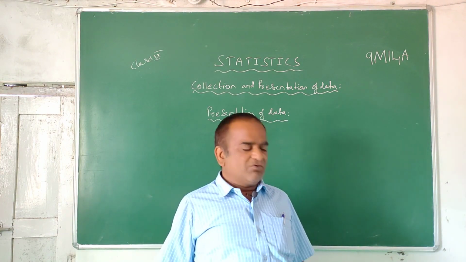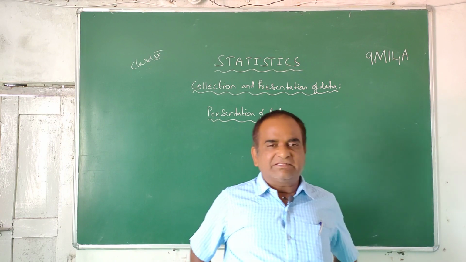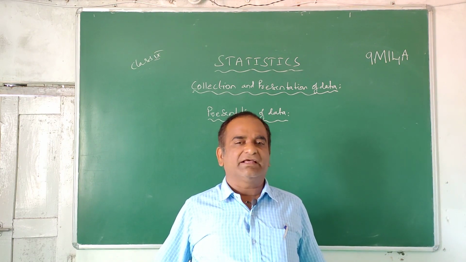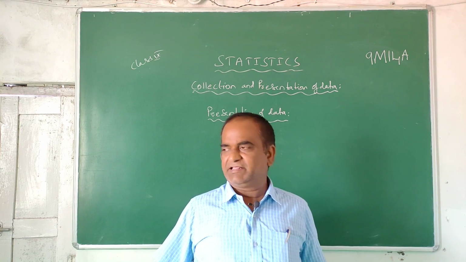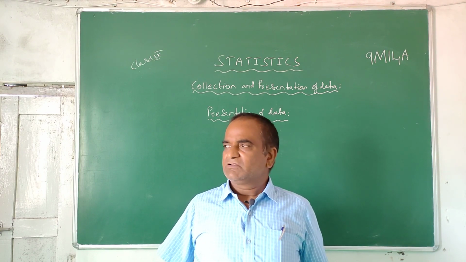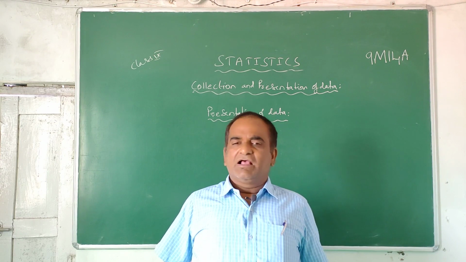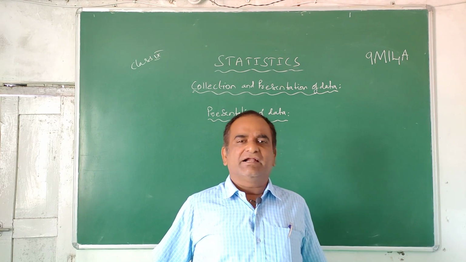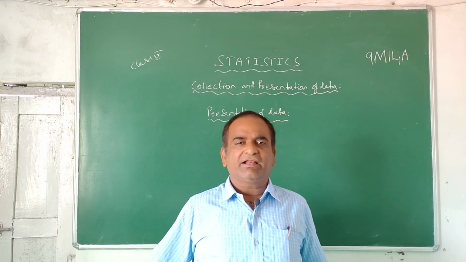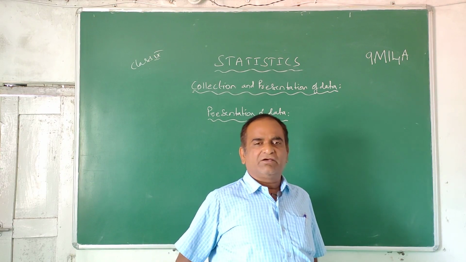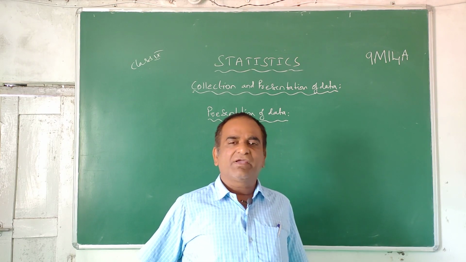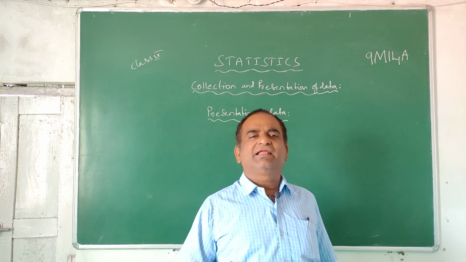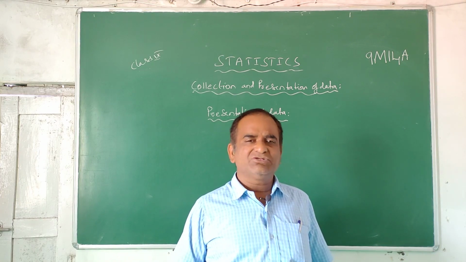So if you go by the previous definition, data is a fact which is observed with a definite purpose. Suppose an accident occurred, a reporter will rush to that spot and observe the fact, and he will collect the data: how many died, how many injured, like that.